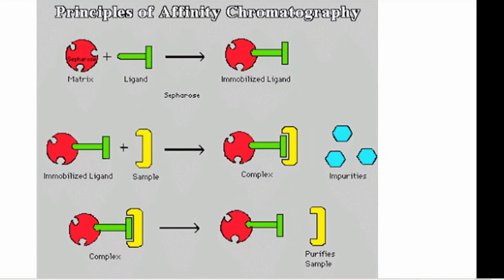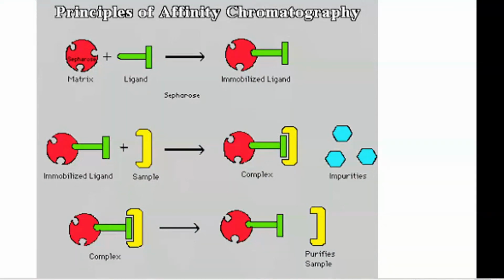The matrix is the stationary phase and will be fixed, and then we add ligand molecules to it. The ligand has the capacity to attach to the matrix molecule. It can also attach to the molecule which is going to be separated, or you can call it the molecule of our interest.